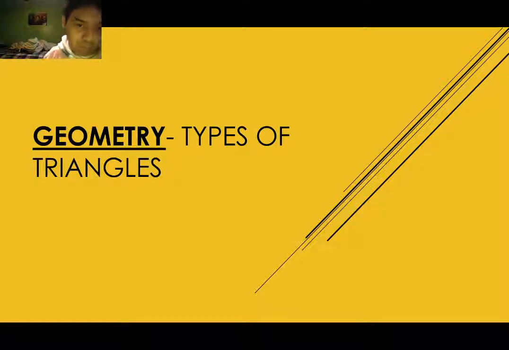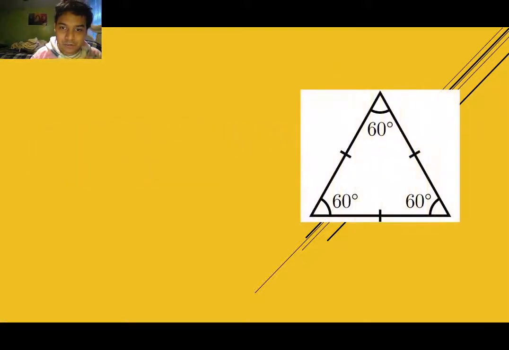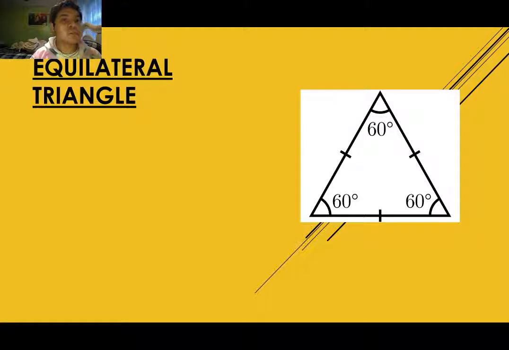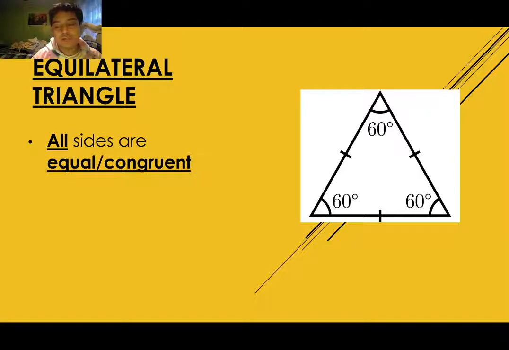Okay, so this is types of triangles. So just kind of some terminology. The first one that I want to go over is an equilateral triangle. An equilateral triangle means that all the sides are congruent.